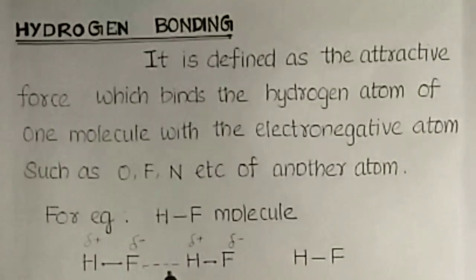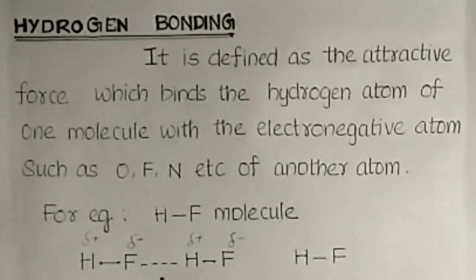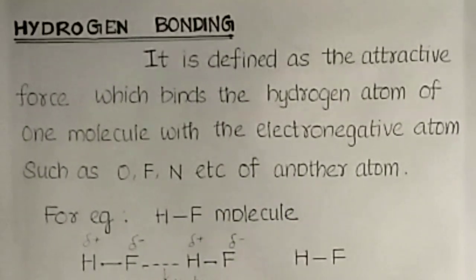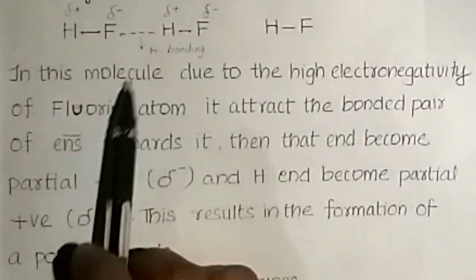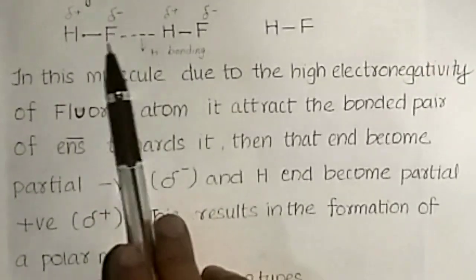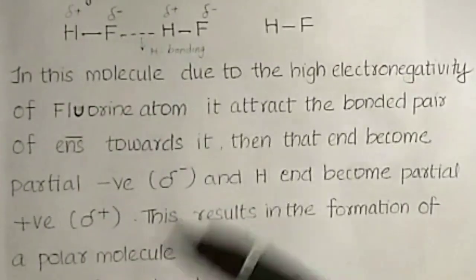This attraction is indicated by dotted lines. This bond is known as hydrogen bonding. This is not a covalent or ionic bond. This is just a force of attraction between hydrogen and the most electronegative elements such as oxygen, fluorine, nitrogen, etc.